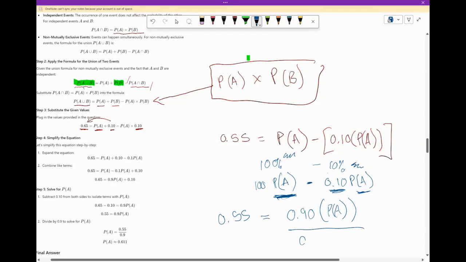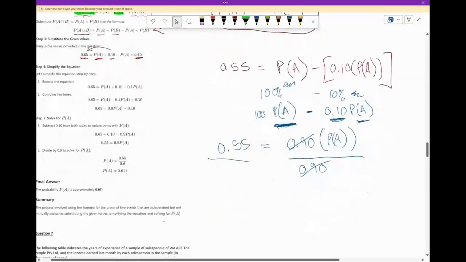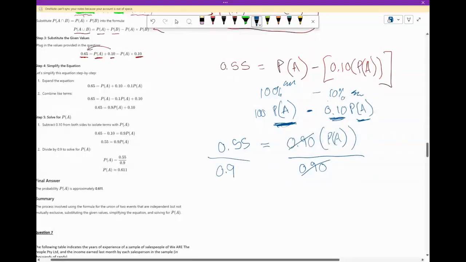Yeah, we must divide by 0.90 to get rid of this thing. And then obviously we need to do the same thing on the other side. So the probability of A is equal to, tell me, 0.6. Aha. And then when we convert that to a percentage, it's going to be 61.11111%, isn't it?